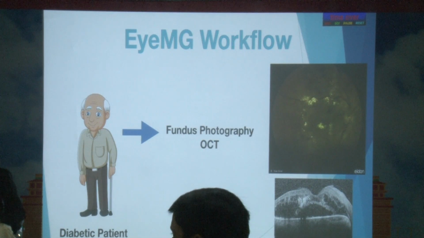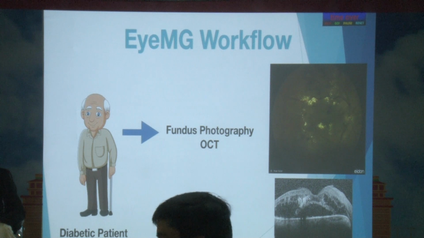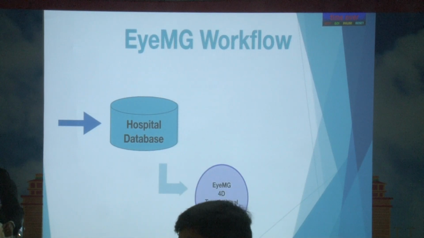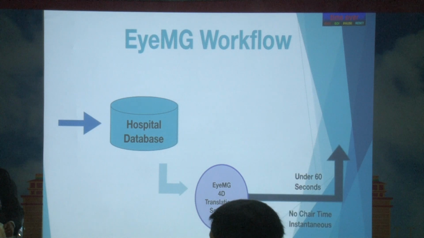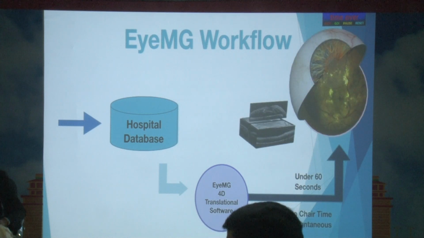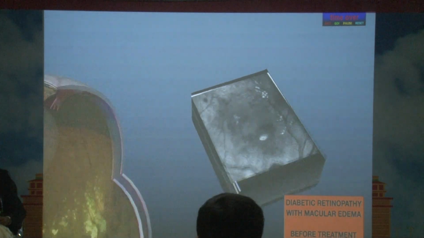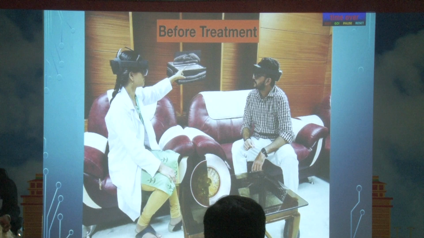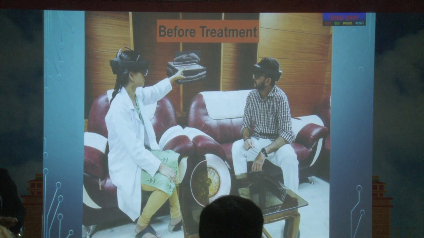For example, a diabetic patient walks in, the fundus and OCT is done, then the data enters into the hospital database, our software intercepts it and converts it into holograms in 60 seconds. Thus, you can see in this patient not only a single slice of fundus, but also multiple slices of the OCT can be chosen and the patient can be counseled.